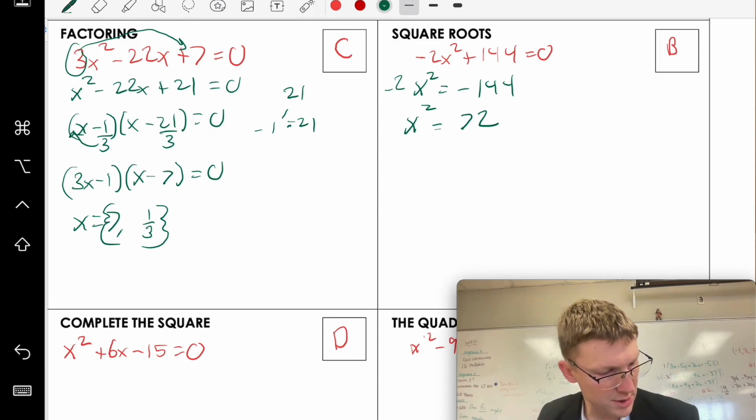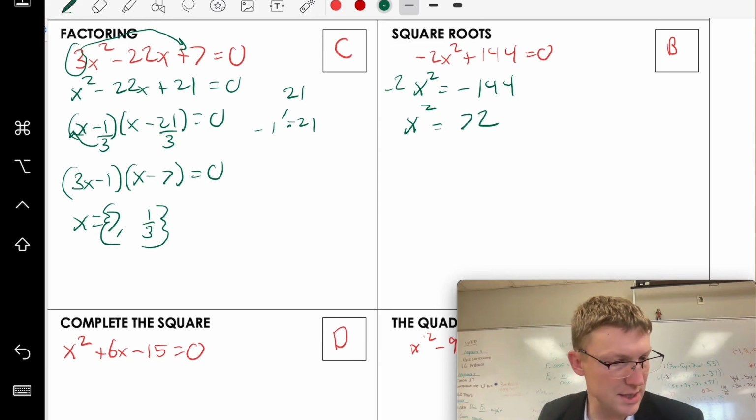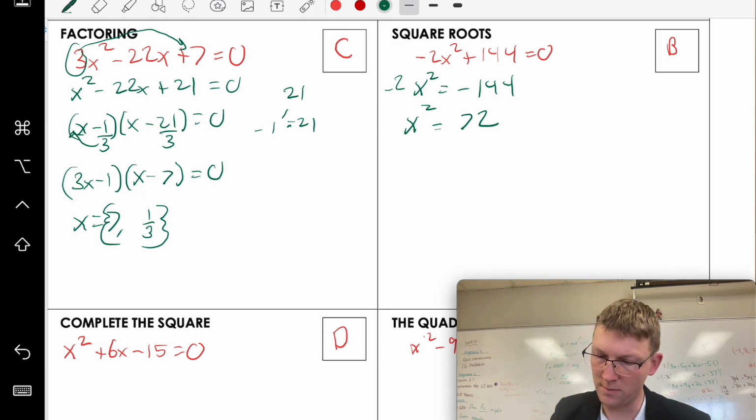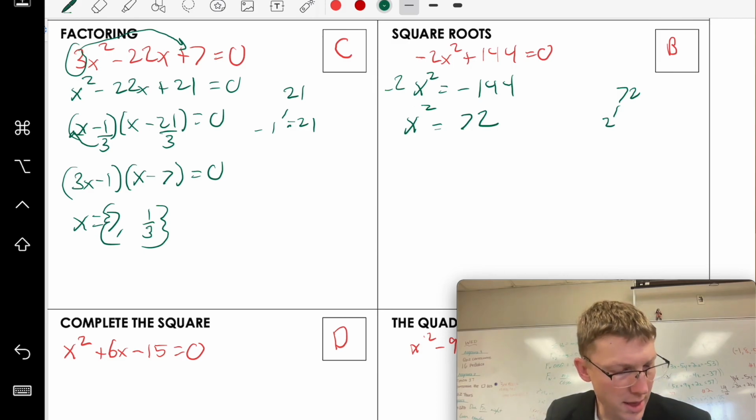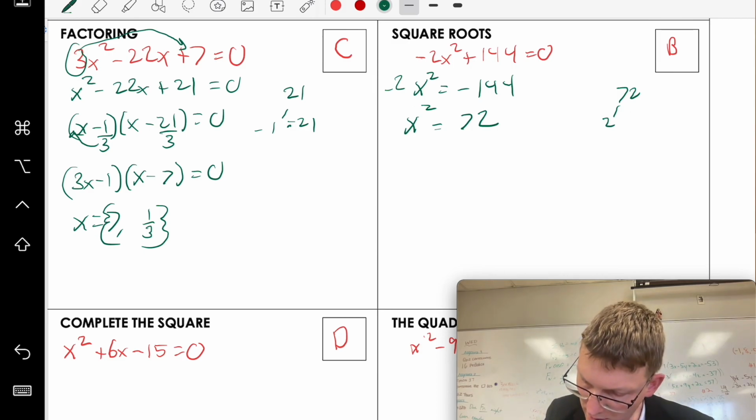Square root of 72 is not an even number, so we get to play this game. So I'm going to take 72 divided by 2. A, because 2 is my favorite number, and B, because it's even.